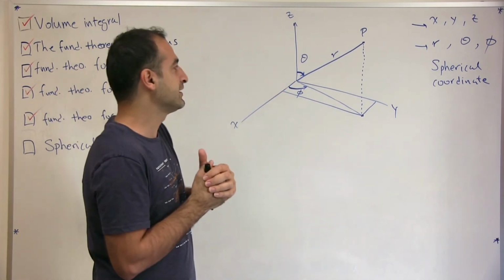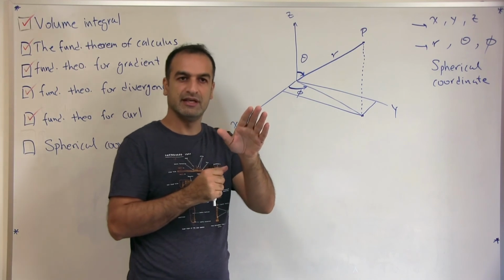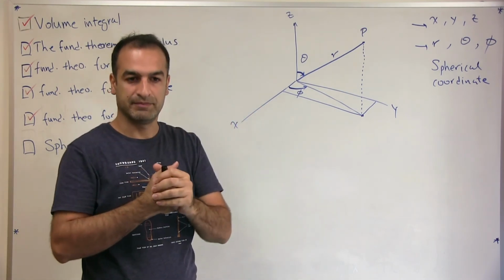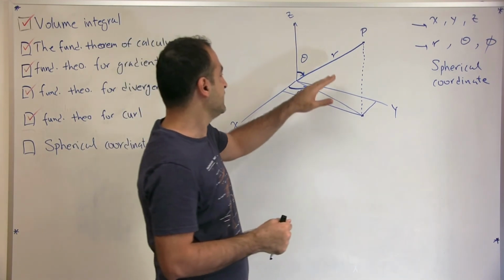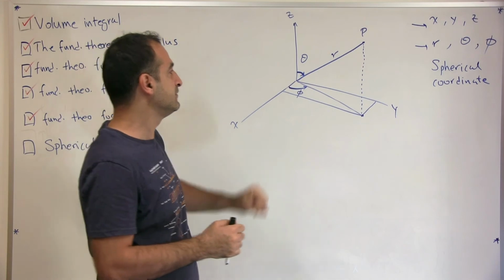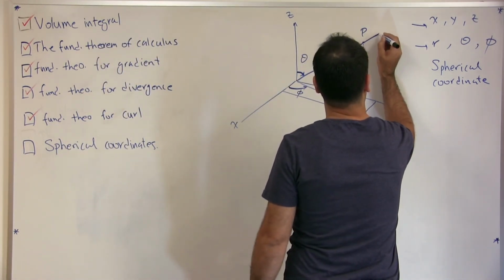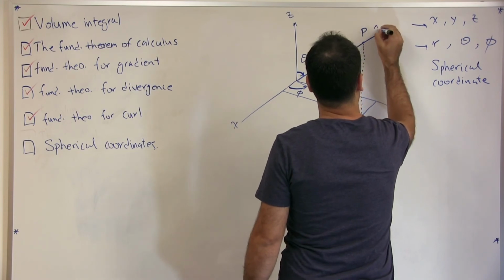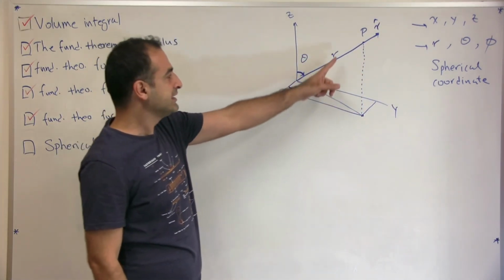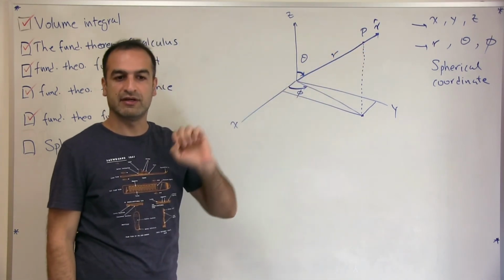If you have a unit vector, you really want to define the unit vector in the direction in which your variable increases. So that means if you have r in this direction, it's nice to define the unit vector along the same line, and I'm going to call that r hat. In a way that if r increases a little bit, the point P moves in the direction of r hat.